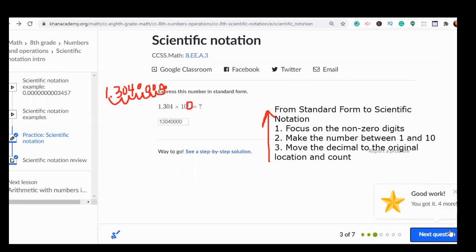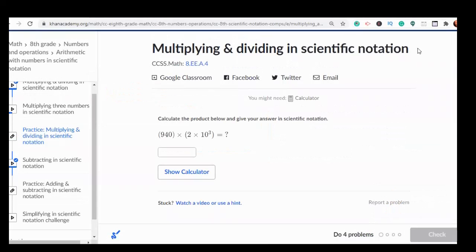Okay, so now at this point, we will move on to arithmetic with scientific notation: adding, subtracting, multiplying, and dividing numbers in scientific notation. So here is our first example where we will be multiplying and dividing numbers in scientific notation. So we can clearly see this is a multiplication problem because we are multiplying 940 times 2 times 10 to the third.